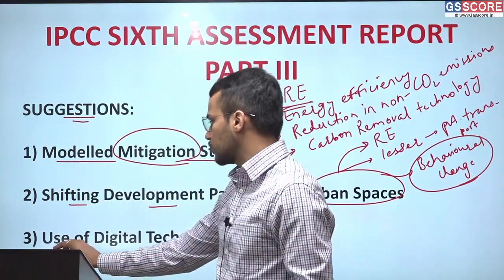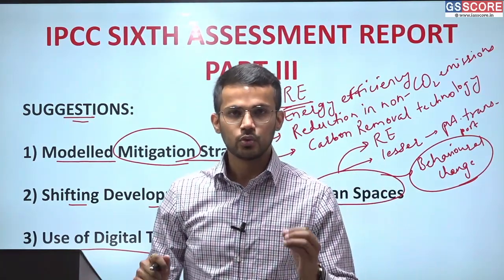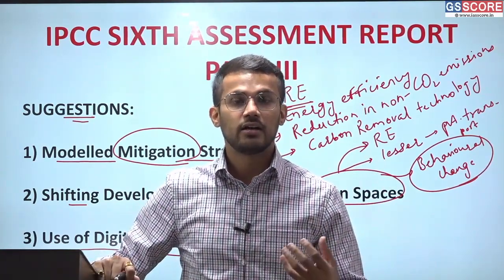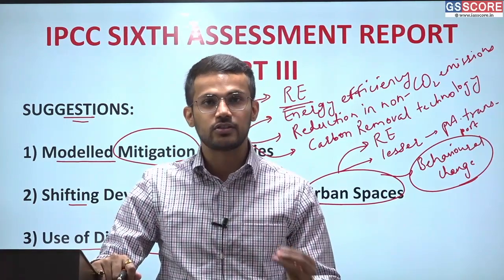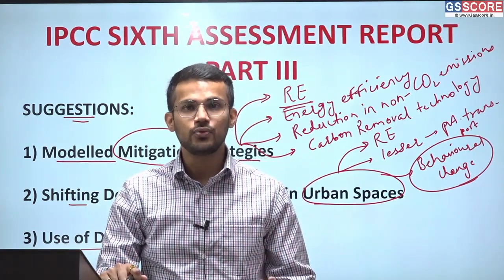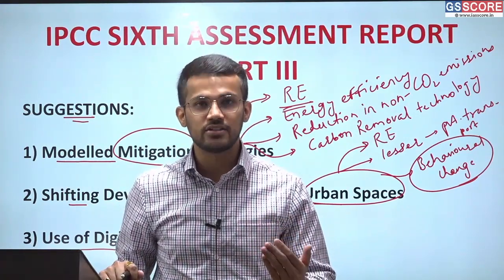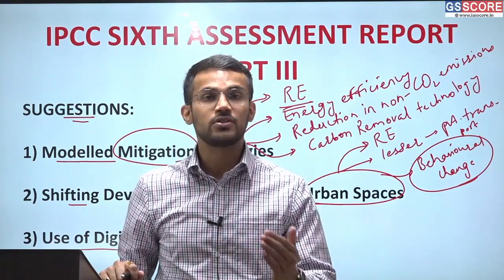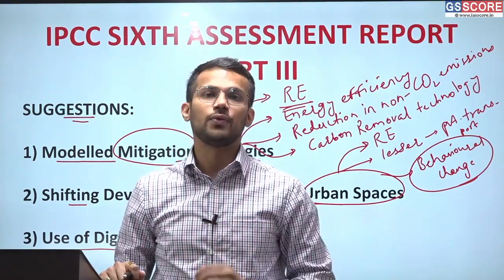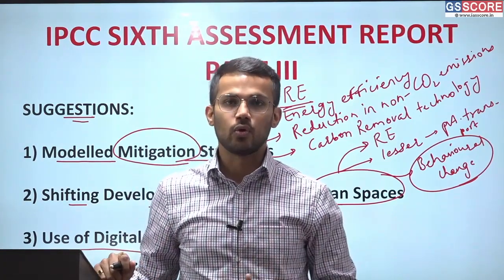Next, they are also suggesting use of digital technologies. Use of digital technologies like Internet of Things, sensors, robotics, artificial intelligence can drive energy efficiency, can increase energy efficiency. It will help us to reduce the demand for energy, and those demand-side mitigation measures will be able to carry forward.